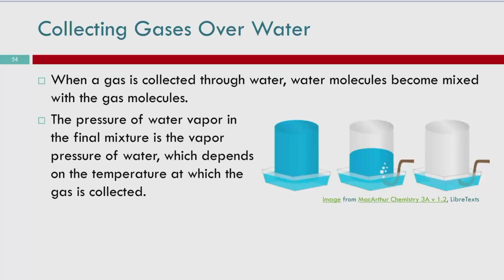Okay, to the example that we did before, when gas is collected through water, we've got an upside down beaker full of water here, and we pipe in some gas. The gas is all going to float up to the top, and that's going to push some of the water out. So that's a way that we can collect the gas without air getting in. But when you do this, there's also water vapor that's coming up.